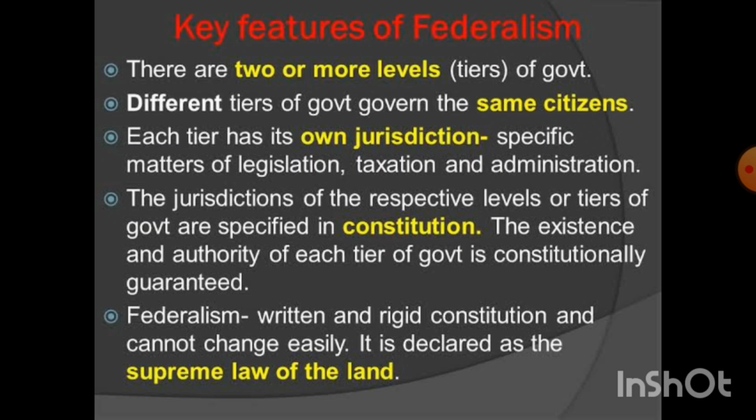Secondly, different tiers of government govern the same citizens, but each tier has its own jurisdiction when it comes to legislation, taxation, and administration. The federal system thus has dual objectives: to safeguard and promote the unity of the country while at the same time accommodating regional diversity.